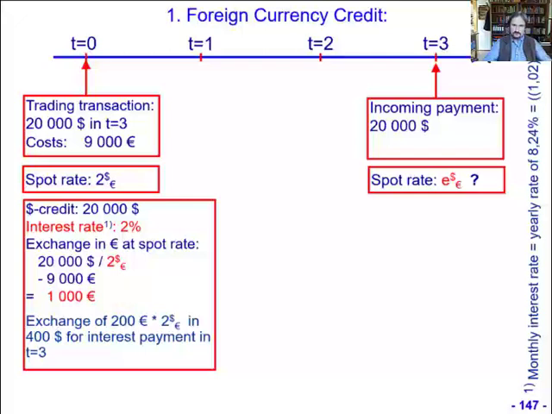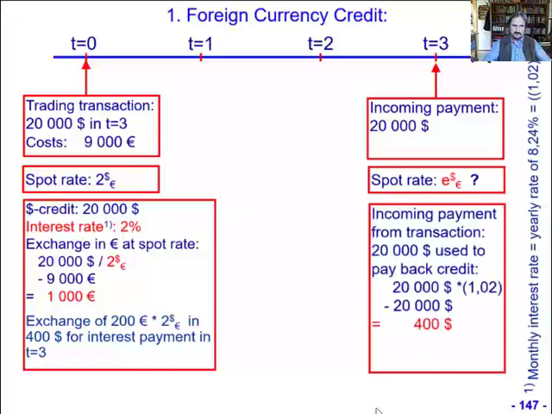In 3 months from now, we will then receive the dollar payment for the car equal to $20,000. Now we can use this money to pay back the credit which we had received 3 months before to the American bank.